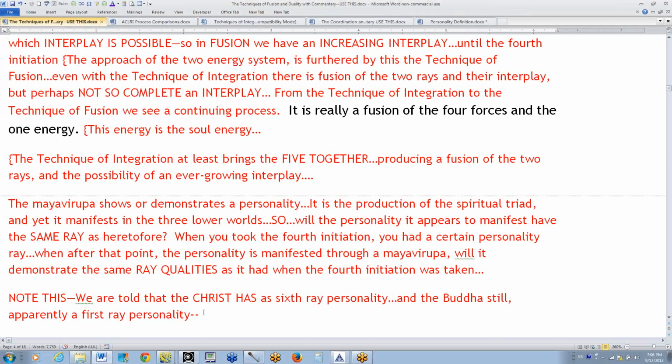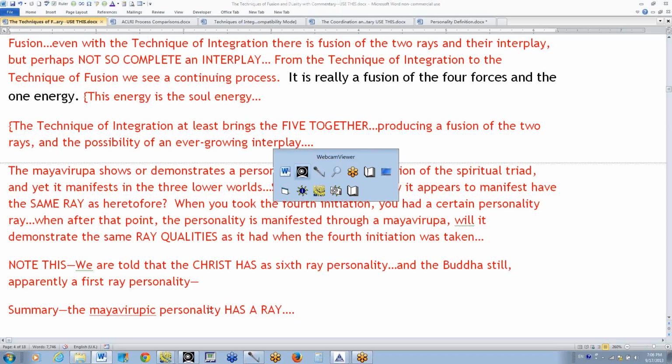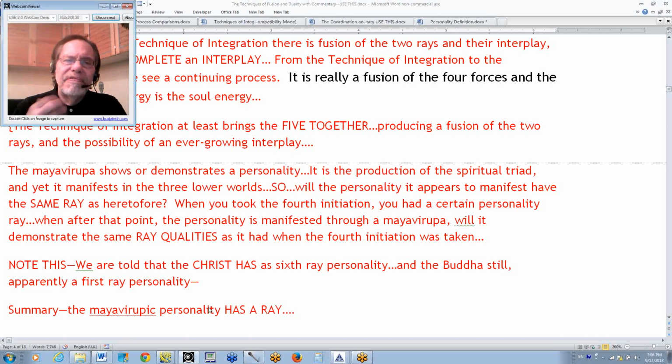So my statement here is going to be summary. The Maya Varupic personality has a ray. That's what I'm going to say. And that the personality ray can still continue effectively, even though it's not constituted in the same way, it can continue effectively when the highly advanced ego, a triad, manifests through a Maya Varupa.